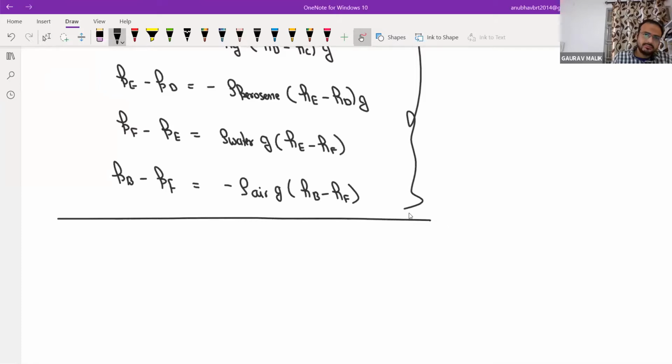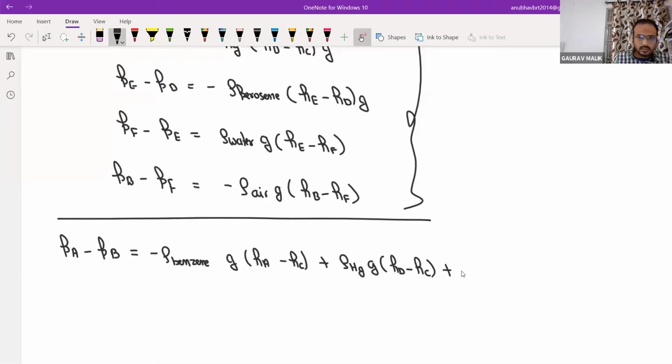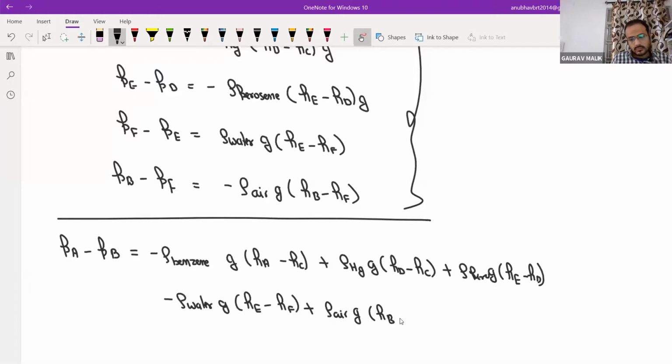If I add all these equations, then we will get PA minus PB is equal to minus of rho of benzene G, HA minus HC, plus rho of mercury G, HD minus HC, plus rho of kerosene G, HE minus HD, minus rho of water G into HE minus HF, plus rho of air G, HB minus HF.